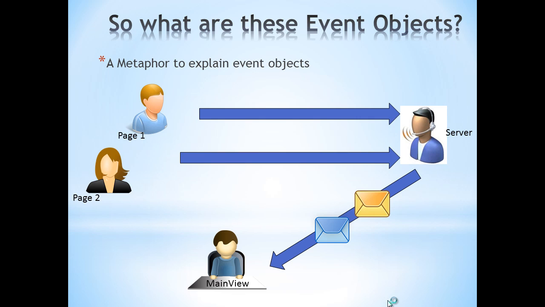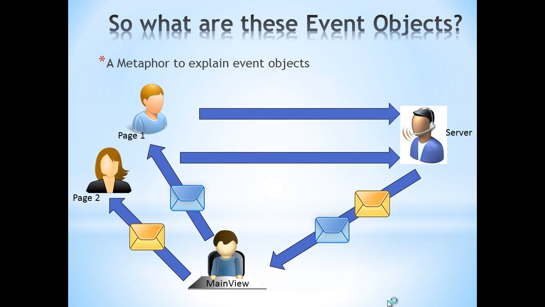The main view receives both envelopes and knows that, hey, the blue envelope has to go to page 1, the yellow envelope has to go to page 2. So regardless of the fact that the server is returning the same data to be used by page 1 and page 2, by wrapping it in an event object, or envelope in this metaphor, I know which page has to receive this information.